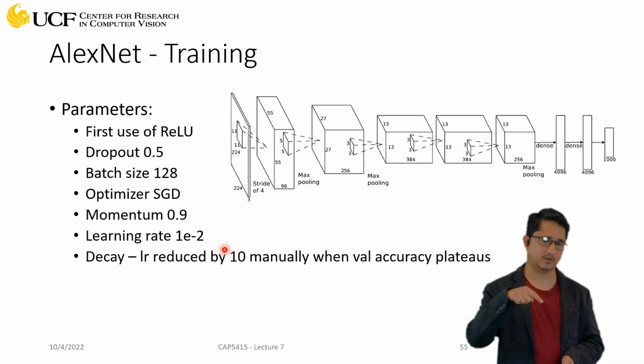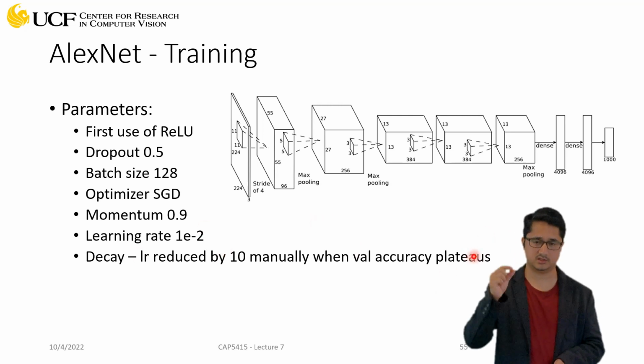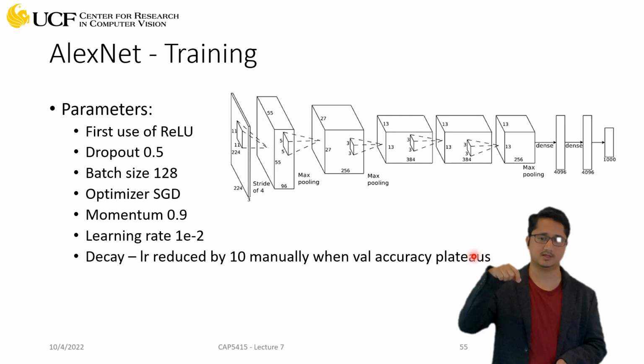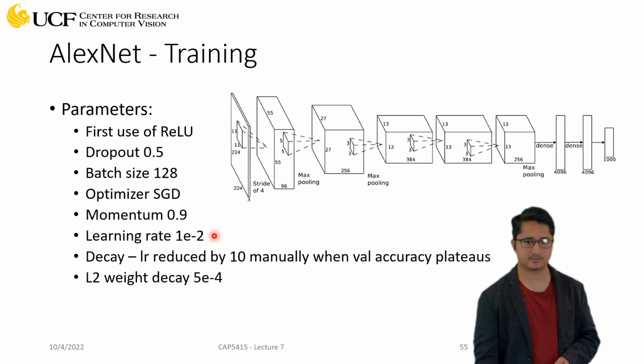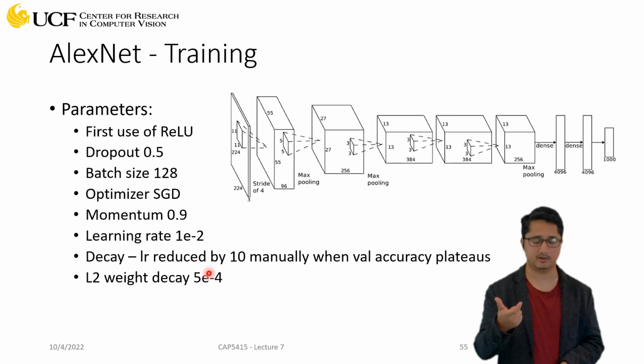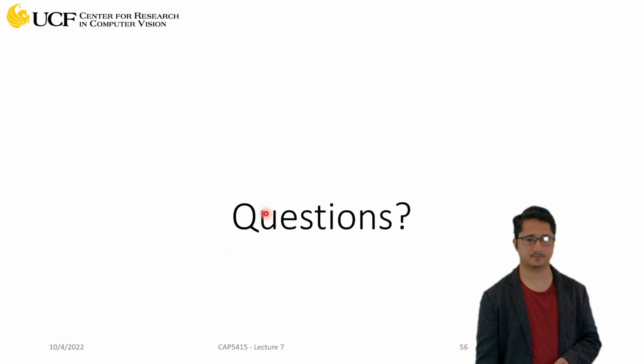You want to go to that point. So if that is happening, which is when the accuracy plateaus, your loss will not change, your accuracy will not change. Then you reduce the learning rate. Then you start taking smaller steps. Okay. So then L2 weight decay was this. This is again the regularization term we discussed. So this is a value for that.